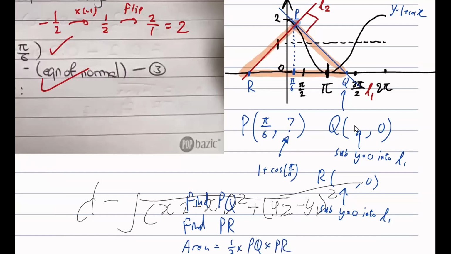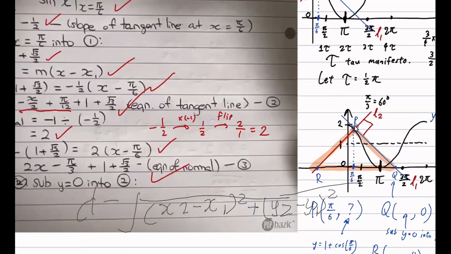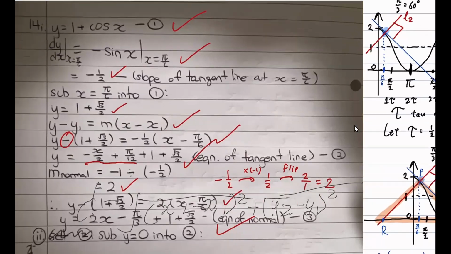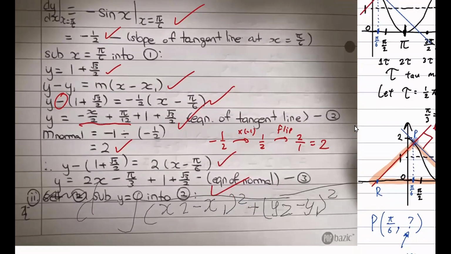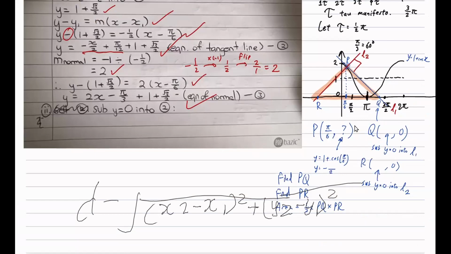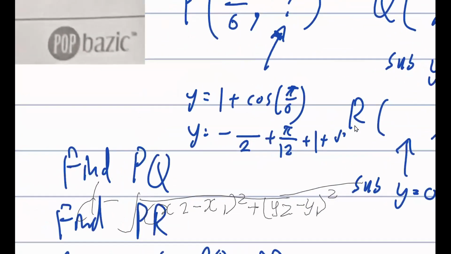I will leave you to fill in the details on your own. This is the idea. Here, this one is the curve. Of course, you could also sub into the tangent. What's the equation of the tangent? It's over here: negative x over 2 plus pi over 12 plus 1 plus root 3 over 2, where the x in this case is pi over 6.